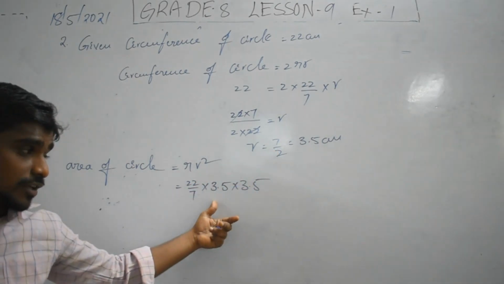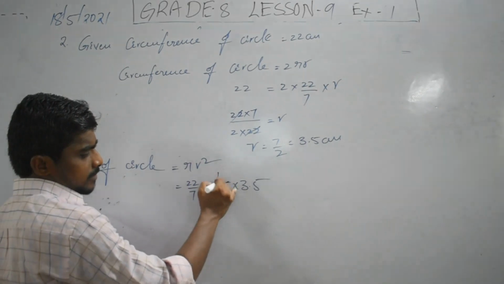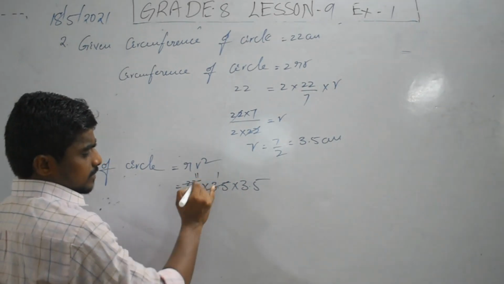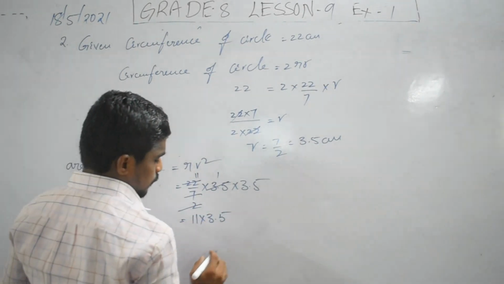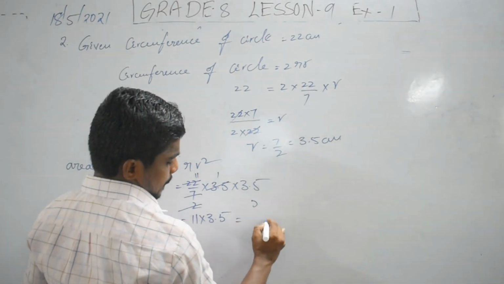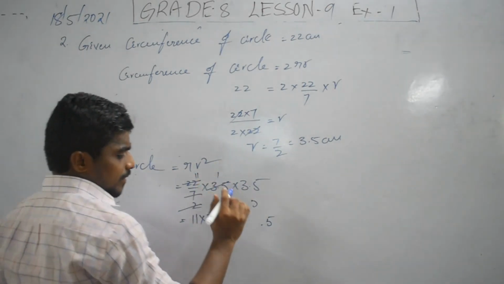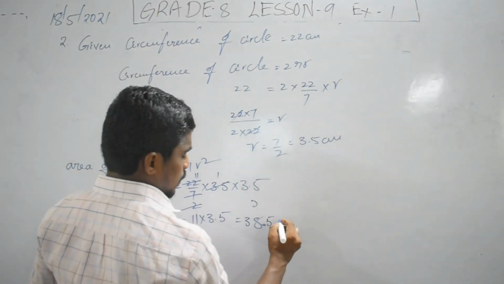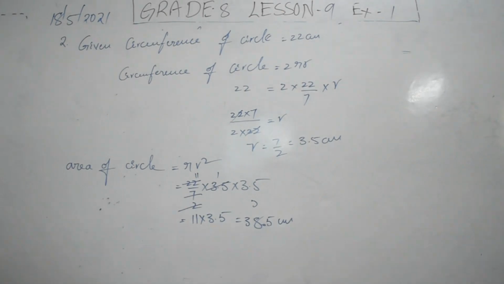So r value 3.5 into 3.5. 3.5 1 jar, 3.5 2 jar, 2 1 jar, 2 11 jar. So 11 times 3.5. 11 5 jar 55, 11 3 jar 33 plus 5 is 38. Point after one number. So this is the area of the circle.